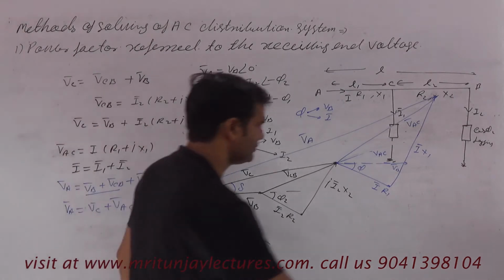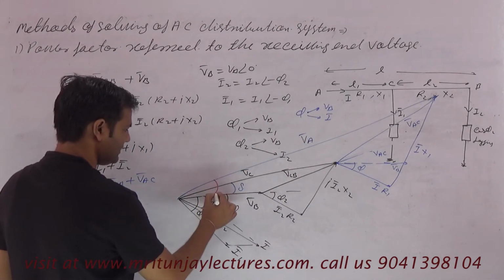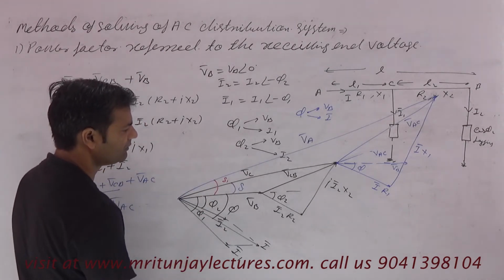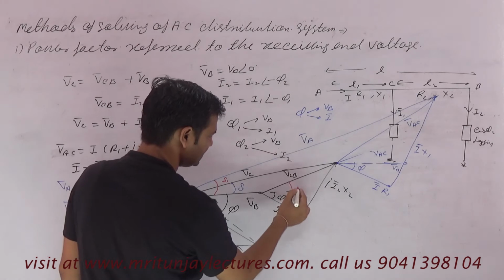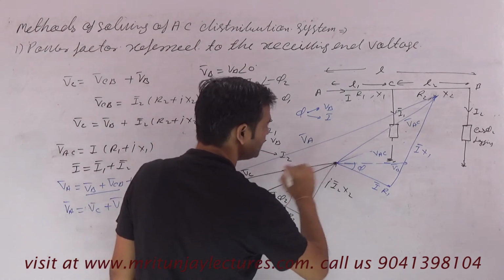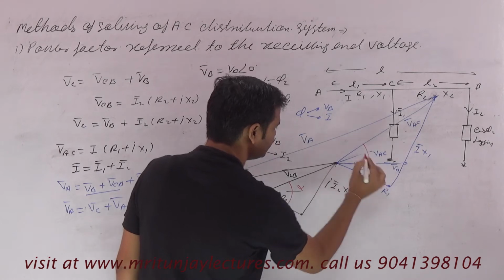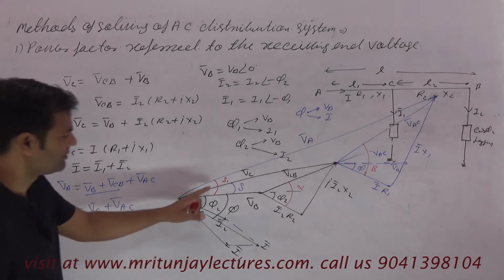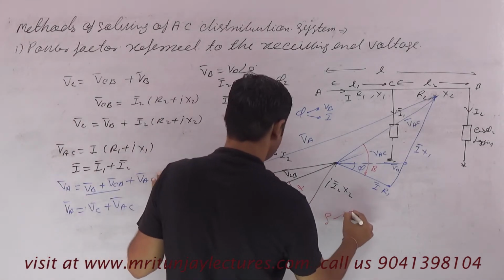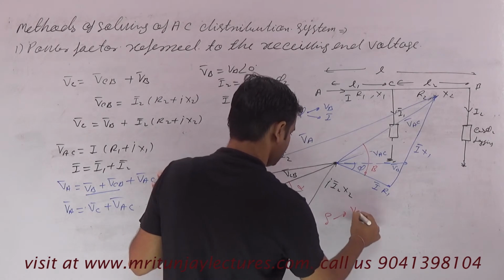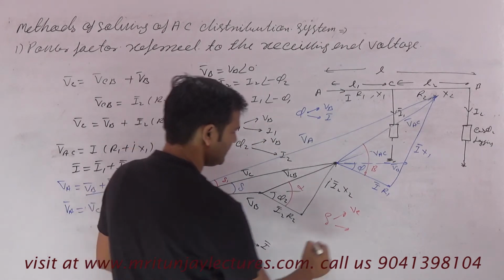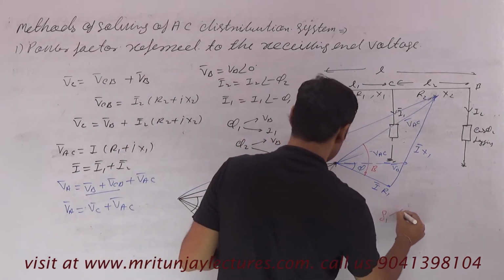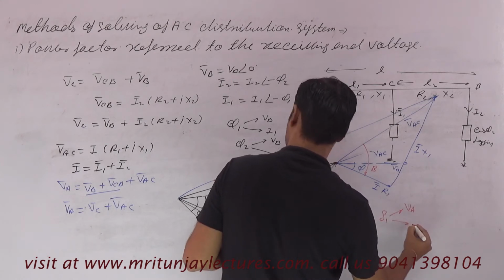And this angle is delta 1. Okay, this angle is alpha, and this angle is beta. Okay, make it. Delta is the angle between VC and VB, and delta 1 is between VA and VB.